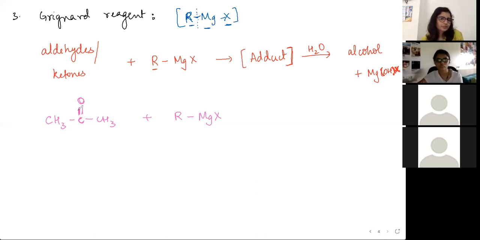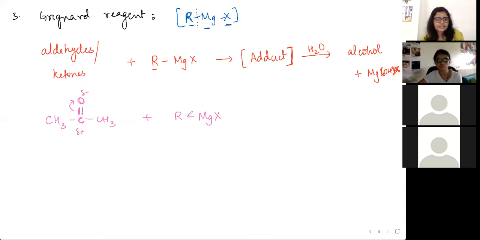Will they go towards oxygen or towards carbon? Oxygen. Okay. So that means carbon will have a slight delta positive, oxygen will have a slight delta negative.